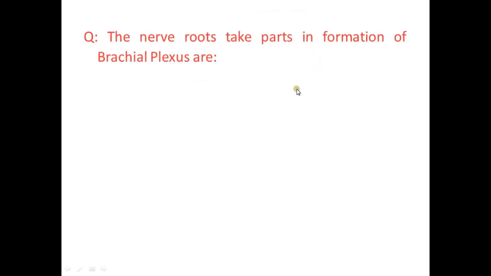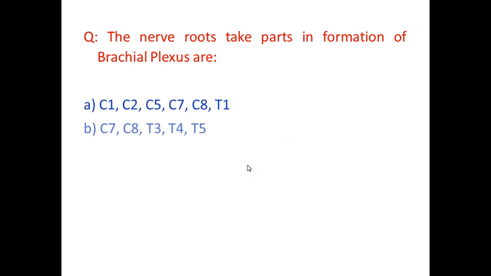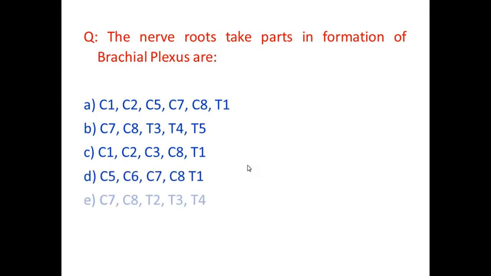Now there are some repeat questions. The nerve roots that take part in the formation of the brachial plexus are, what are they? A, B, C, D, E. Which one? You can say that is D. C5, C6, C7, C8 and T1 are involved in the formation of the brachial plexus.